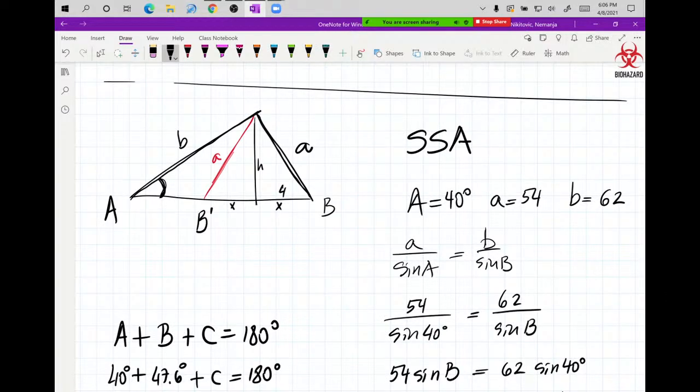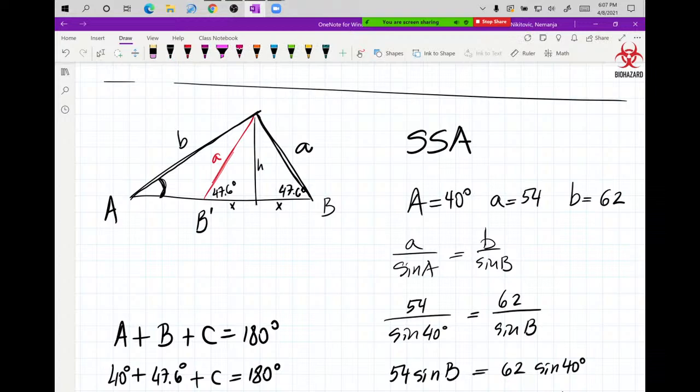That's this, 47.6 degrees. If that angle is 47.6 and this is the isosceles triangle, both of the sides of the triangle have the same length A, then this angle has to be also 47.6 degrees, which makes this angle the new angle.